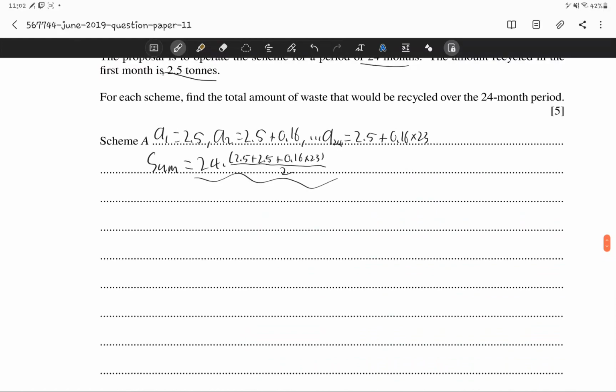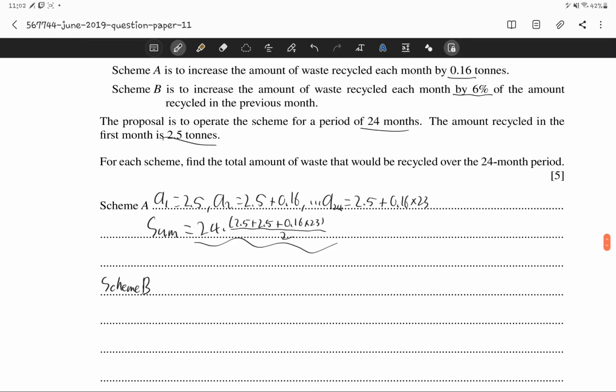Scheme B is right here, but I'm just going to do it right here. Scheme B. So increasing the amount by 6% is that R equals 106 over 100.